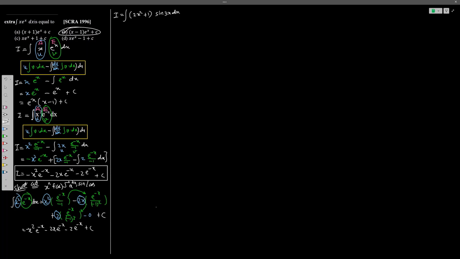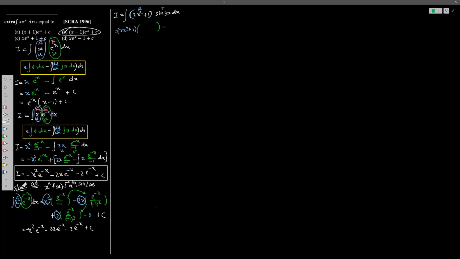This is your question. Integration of 2x square plus 1 into sin 3x. That means first one is algebraic term and second one is trigonometric term. Let's apply Jayaraj sir special. First term your 2x square plus 1 will be as it is, bracket for integration.